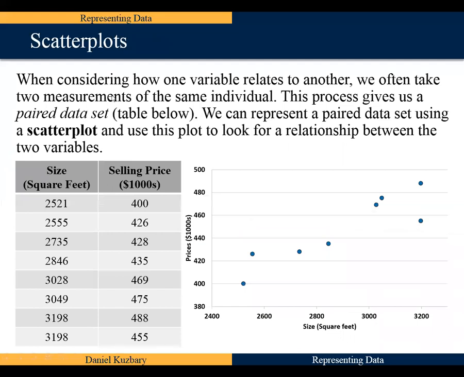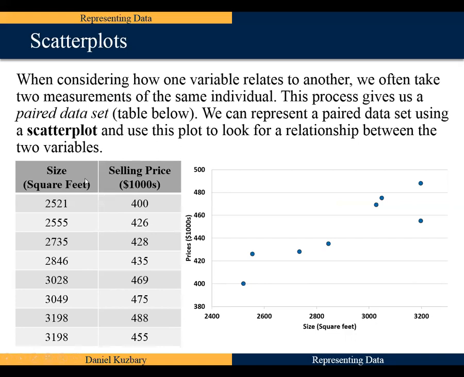So this is very similar to a time series. So a lot of times when you're doing a study where you're comparing two variables or you're seeing if they have some kind of a relationship, what you'll do is you'll take two measurements from the same individual, and then you end up with what's called a paired data set.